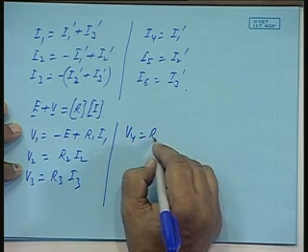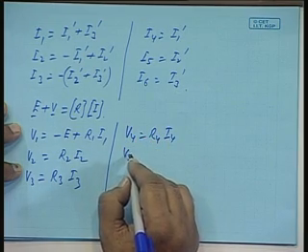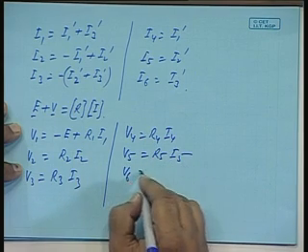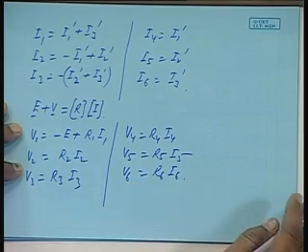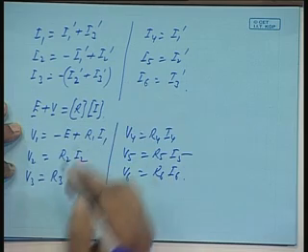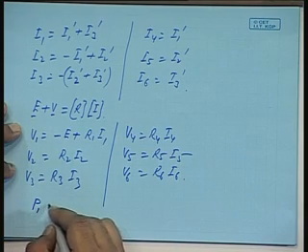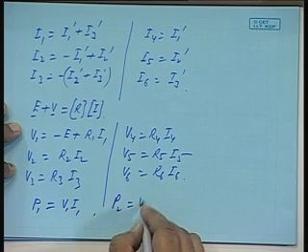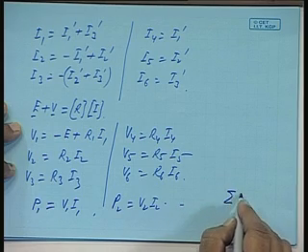V4 is equal to R4 I4. V5 is equal to R5 I5. V6 is equal to R6 I6. There is no voltage source connected in this. So, we have computed the voltages and the currents, and hence calculate P1, P2, etc. P1 is V1 I1, P2 is V2 I2 and so on, and then check sigma Pi.